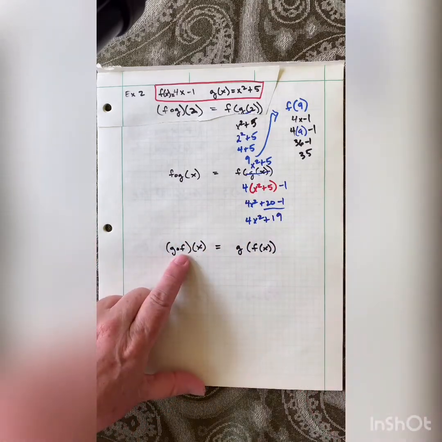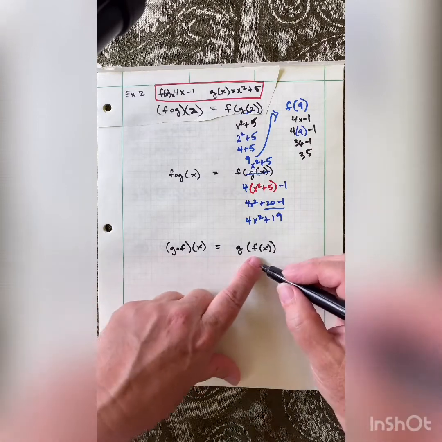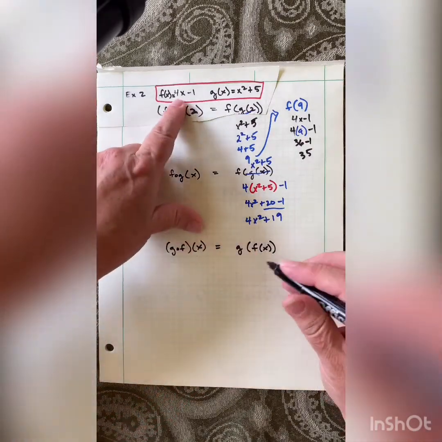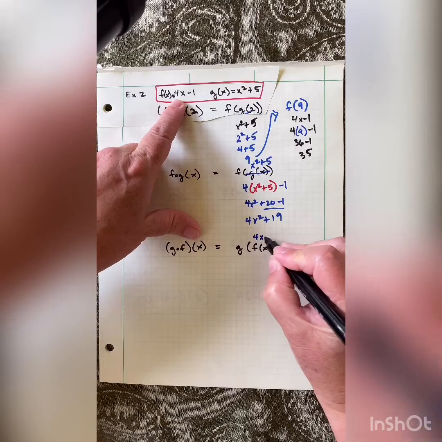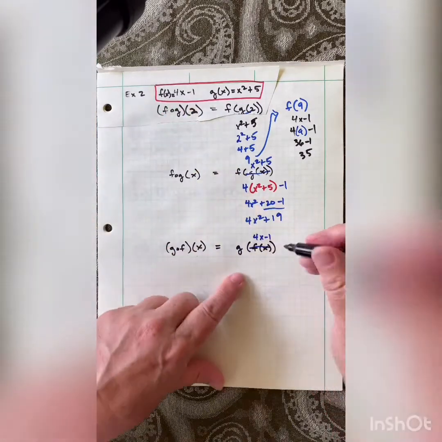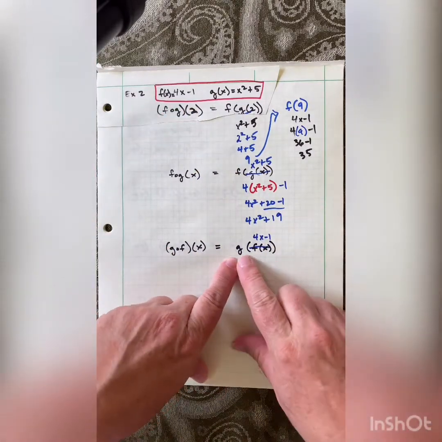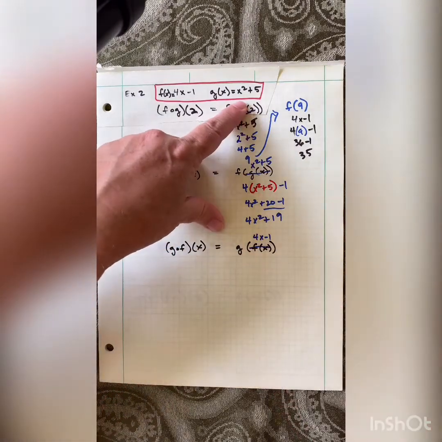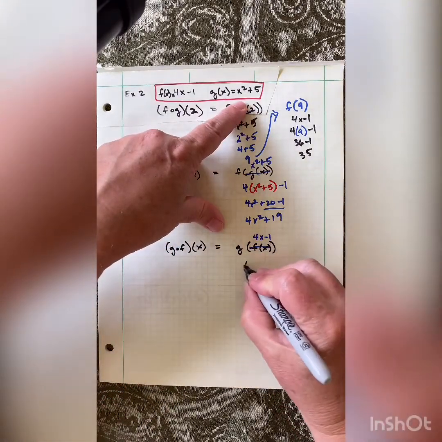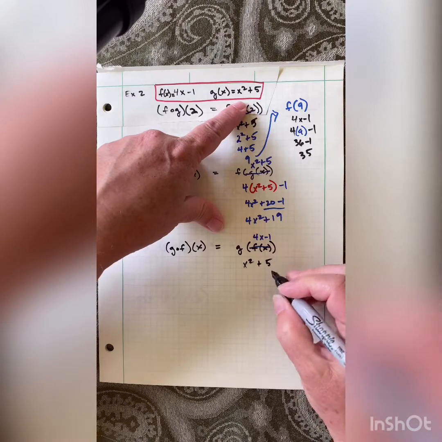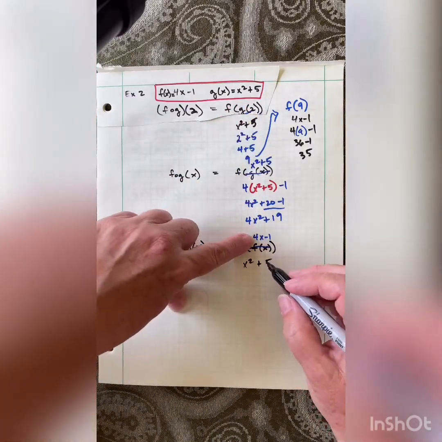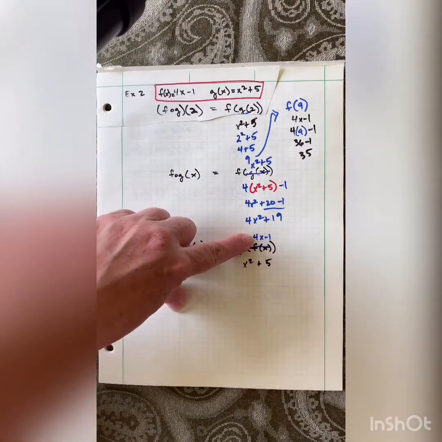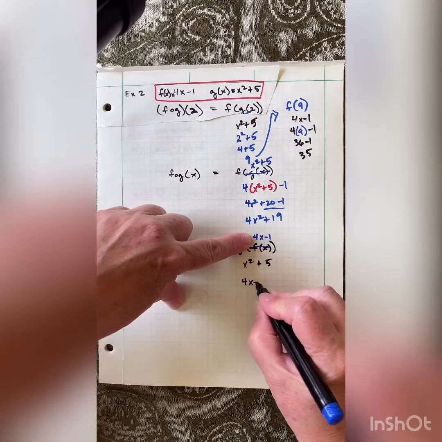All right, g of f of x. Same type of thing. What is f of x? f of x is 4x minus 1. Pure substitution here. Then it says go find g, and every time you see an x in g, you are going to replace it with 4x minus 1. So here's my 4x minus 1.